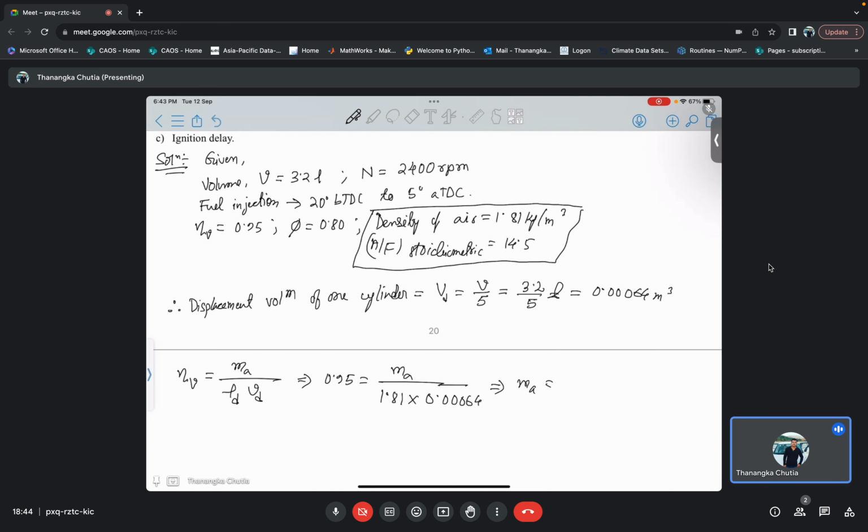So you'll get this one as 1.1 into 10 raised to the power minus 3 kg. Okay, so this is your mass of the air.